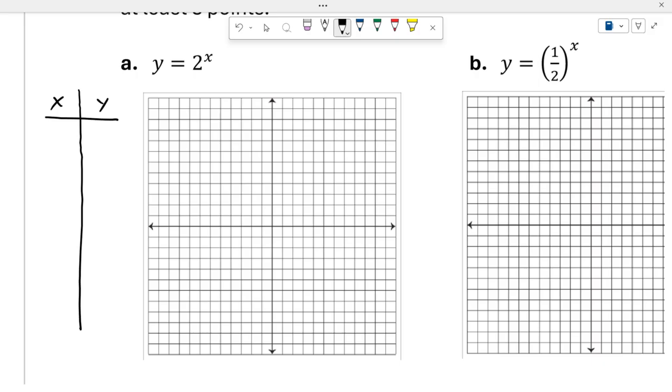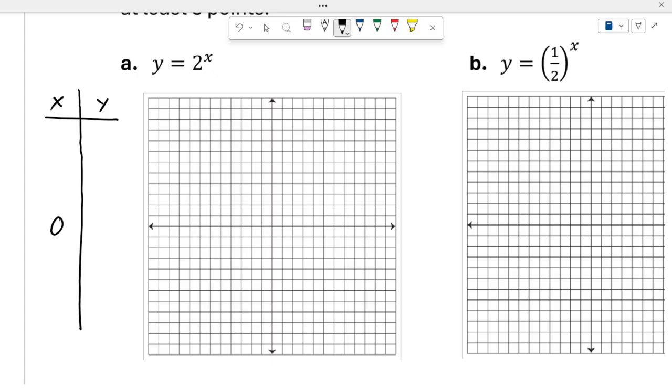If you're not sure where to get started, I'll start in the middle, with 0. Starting with 0 is generally not a bad idea because it will tell you the y-intercept, if it exists.